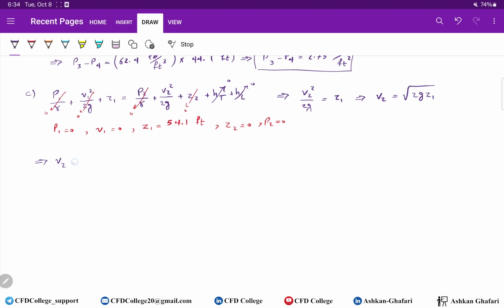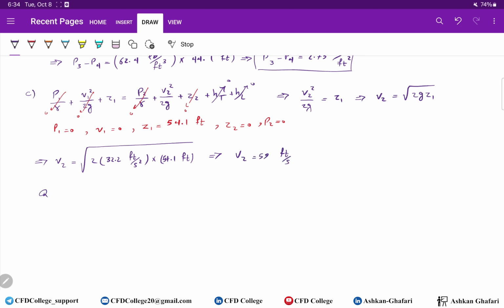So V2 equals the square root of 2 times 32.2 feet per second squared times Z1, which is 54.1 feet. So V2 equals 59 feet per second.